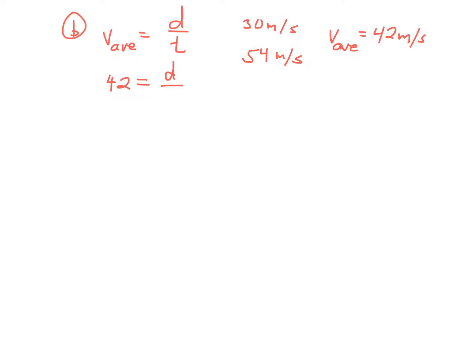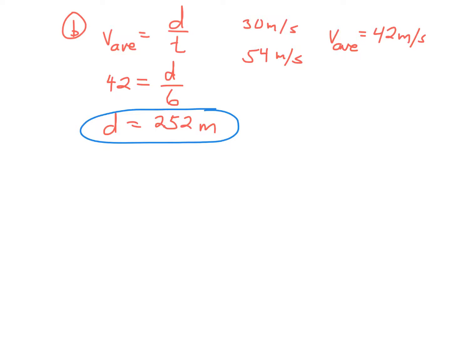So, no, it was 6 seconds. So the distance traveled will be 6 times 42, which is 252 meters. That's how far this car would have traveled during that time period. It's the average velocity times the time.